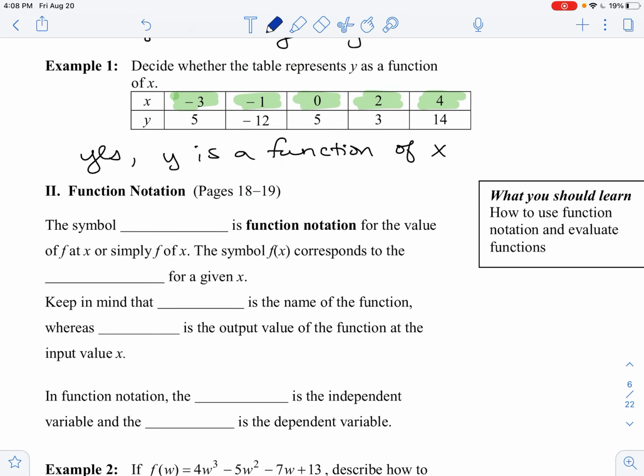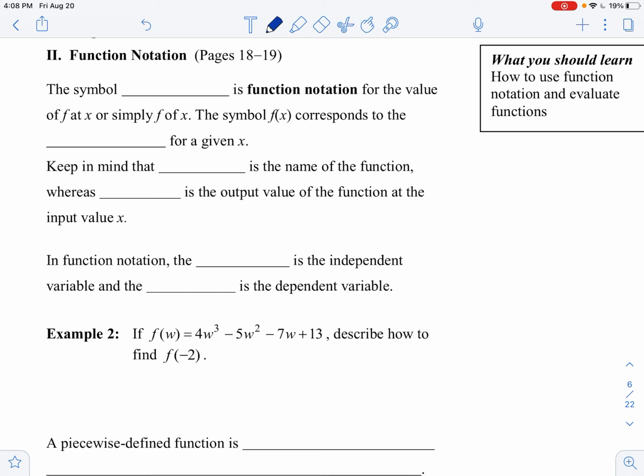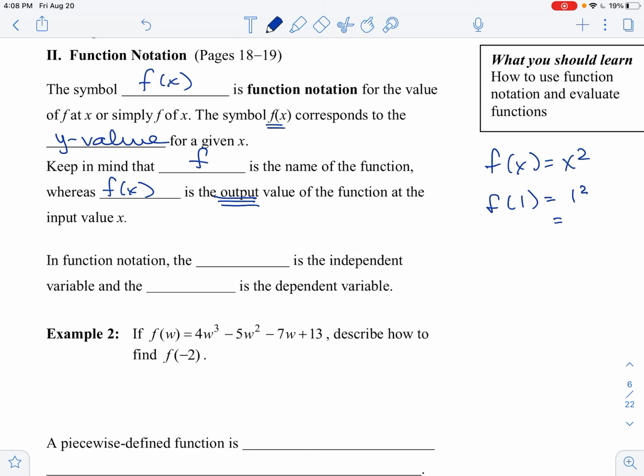All right, so let's talk about function notation. The symbol f of x is function notation. The symbol f of x corresponds to the y value for any given x. Keep in mind that f is the name of the function, where f of x is the output value. So for example, if f of x equals x squared, f when x is 1 would be 1 squared, which is 1.